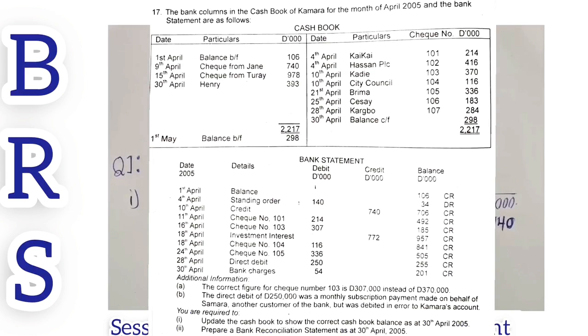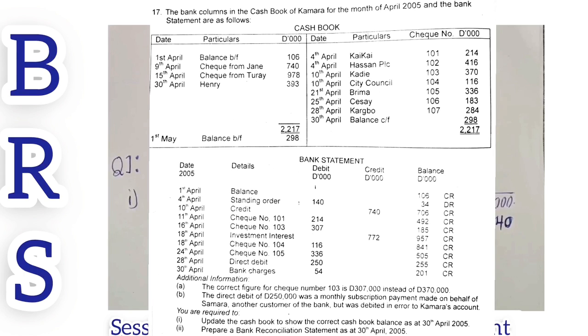So you come to the direct debit, which is 250. But let's come to the additional information. A says the correct figure for the check, but that was a check, so it won't come there. Then B says the direct debit of 250 was a monthly subscription made on behalf of the customer.